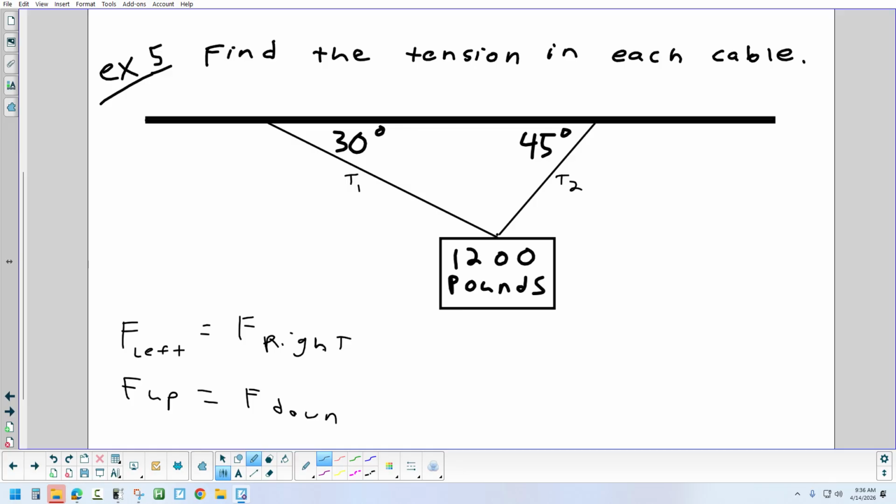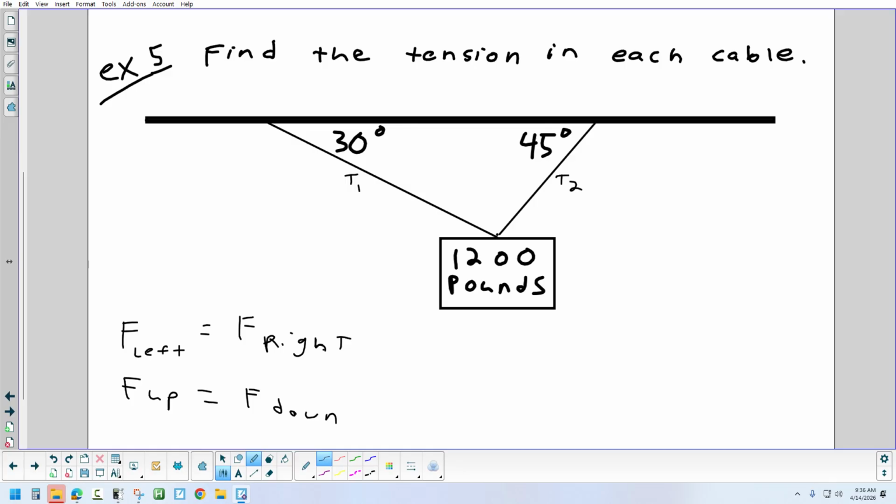So think about what would happen if you cut cable 1. What would happen to the weight? Cable 1's pulling it left, and it's also holding it up.